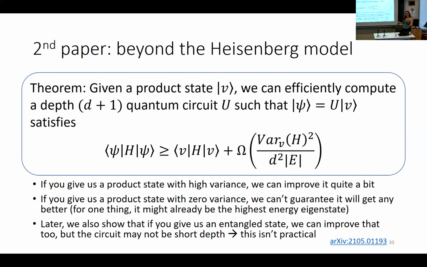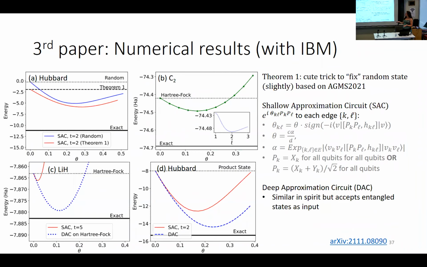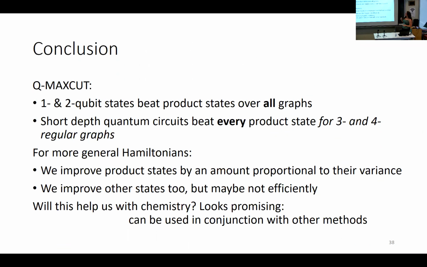So we started from the product state, and that allowed us to have a short depth circuit. We could still use this more complicated circuit for these product states, at least. You can see we get some kind of numerical improvement in the energy here, and that's promising, although not necessarily groundbreaking.